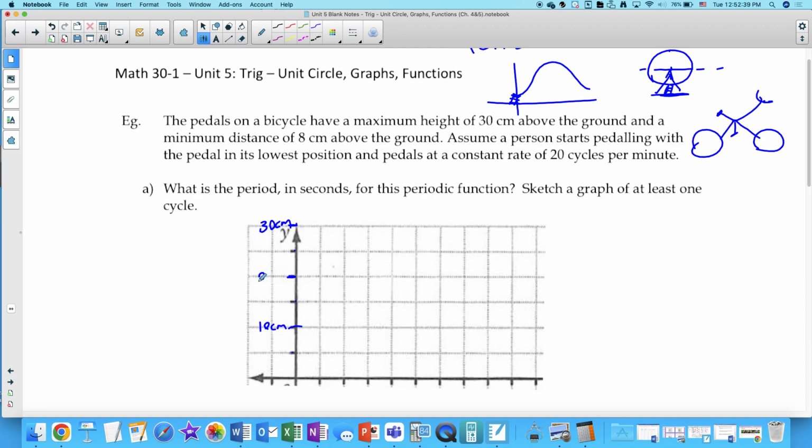So the max is at 30. The minimum is at 8. That's one thing I want to know. What would the midline be?